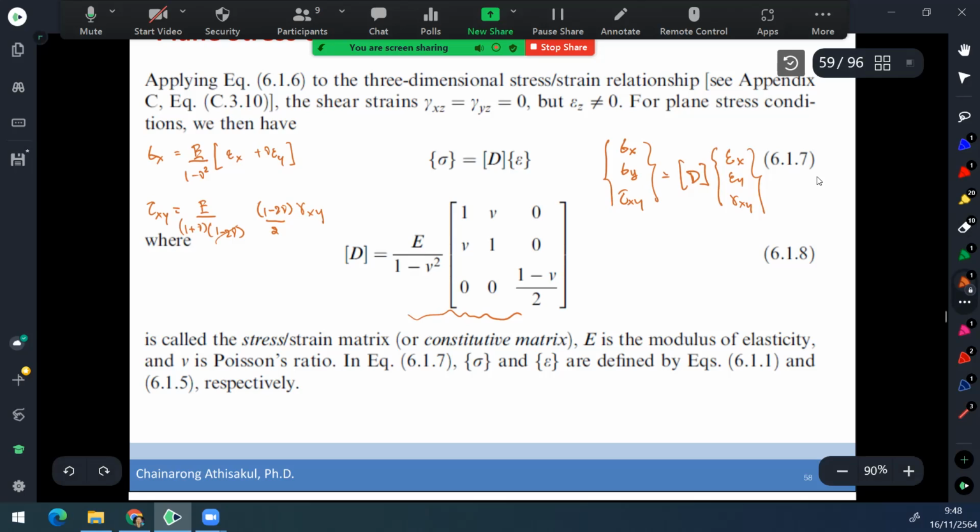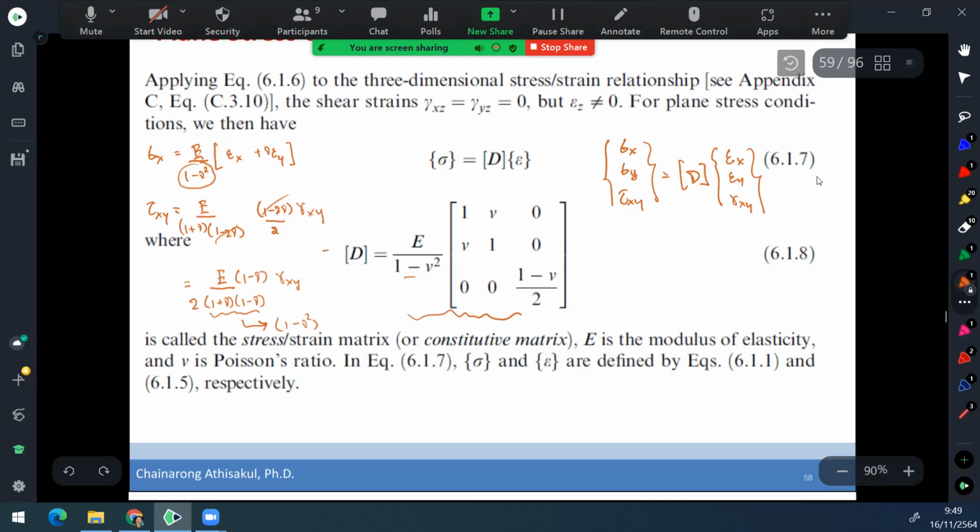So you see that this term is cancelled out, but in order to rearrange the equation to be this term, it means that this term is equal to E multiplied with 1 plus mu, 1 minus mu, and 1 minus mu above, gamma xy and 2. So this term is 1 minus mu square.